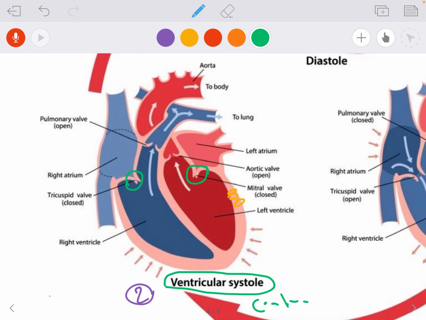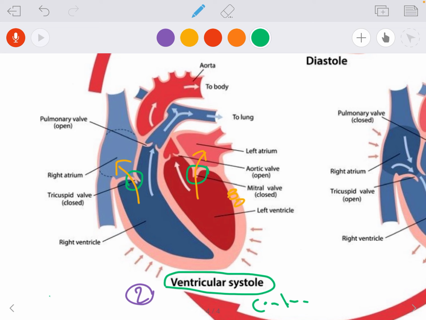Once the ventricles are filled, they must get closed again. If not, the blood will move backward to the atria. They must be closed, especially when the ventricles contract, because if they were open, the blood would be pumped back to the two atria. So they must get closed.